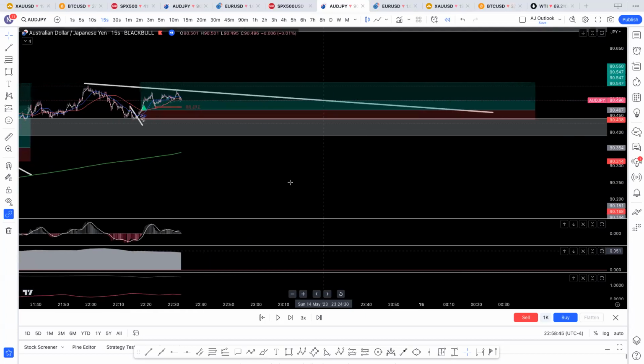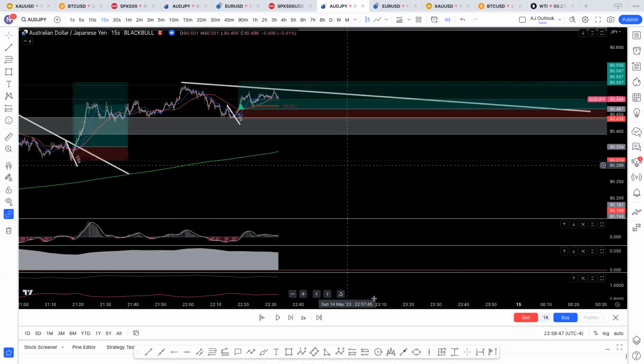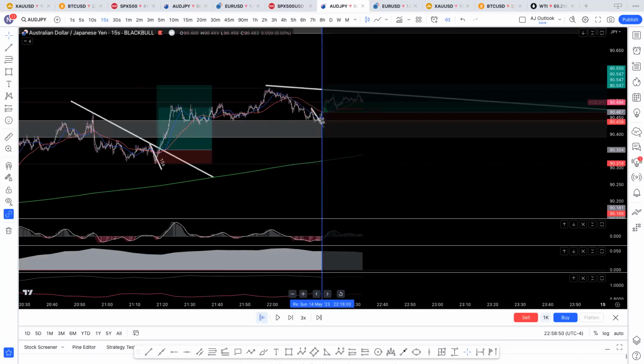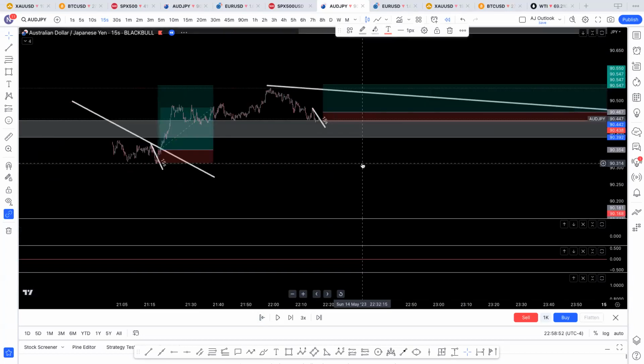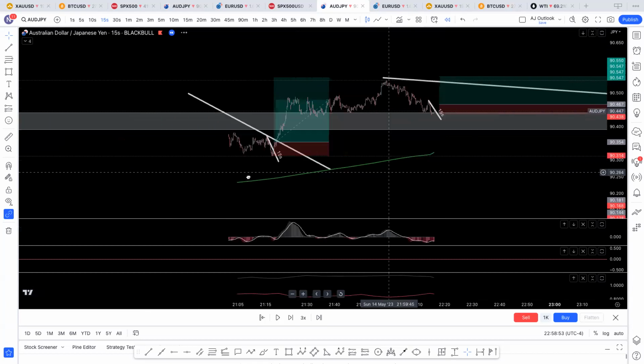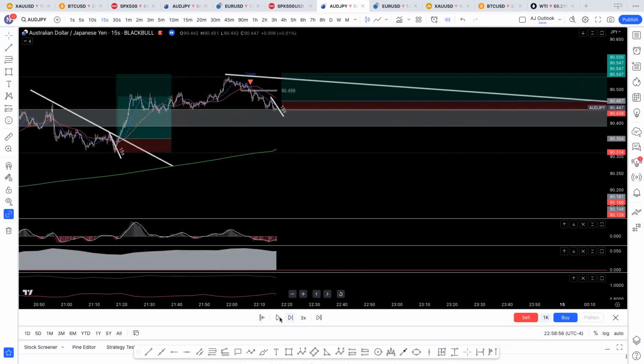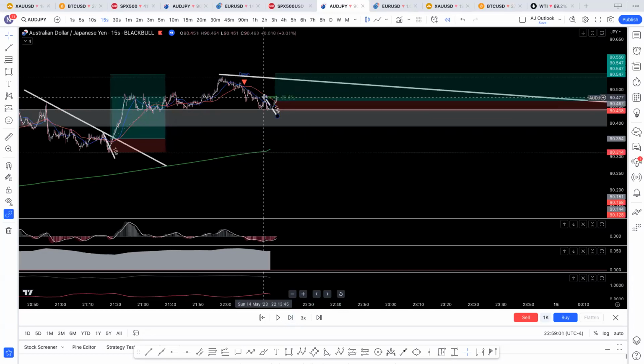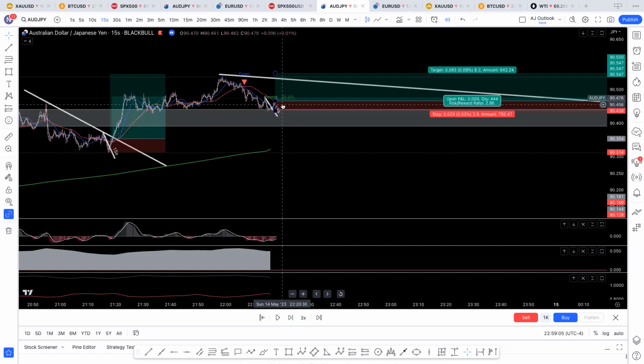Oh, actually, let me back it up so I can show where it was. All right, so impetus there for the second triangle on the 15 second and entry there.